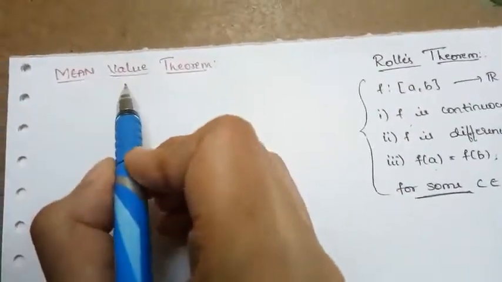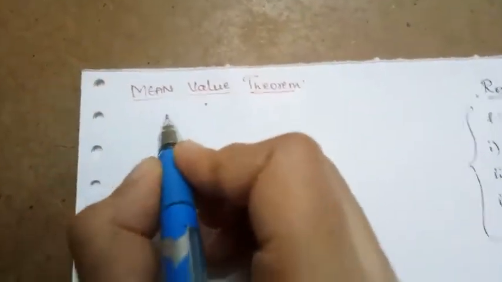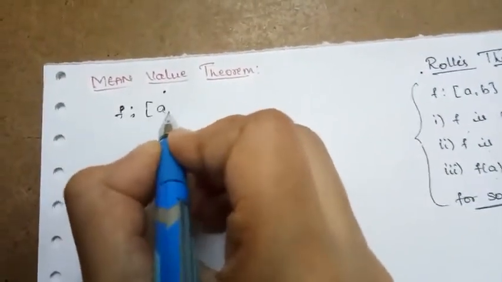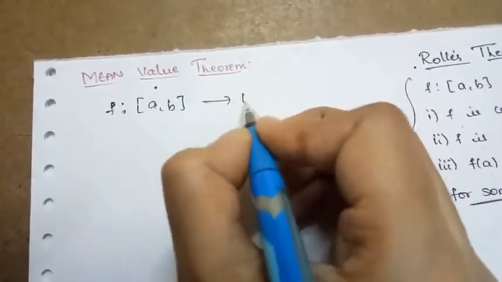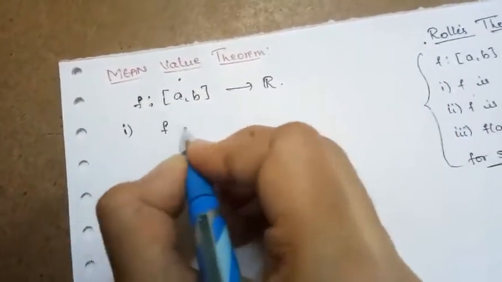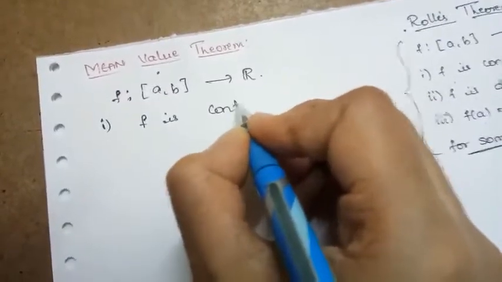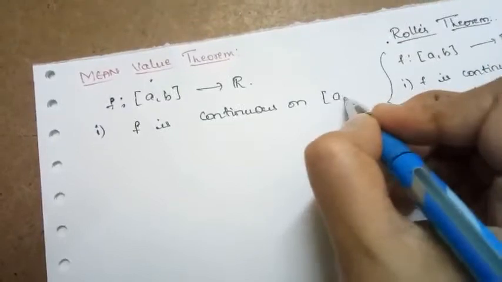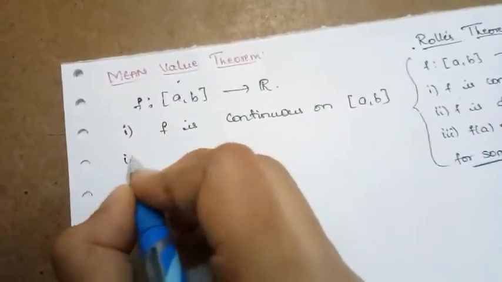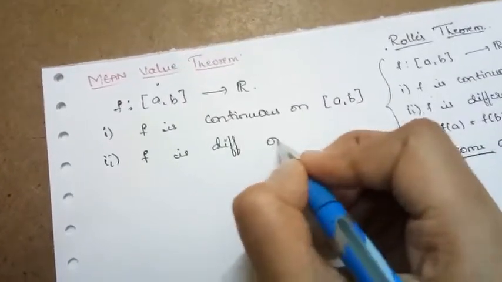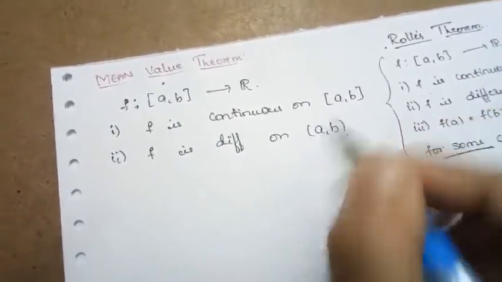So the mean value theorem is nothing but the extension of Rolle's theorem. So what does the mean value theorem say? Suppose f is a function from a closed interval a comma b to the set of real numbers, and first, suppose f is continuous on the closed interval a comma b, and second, f is differentiable on the open interval a comma b.